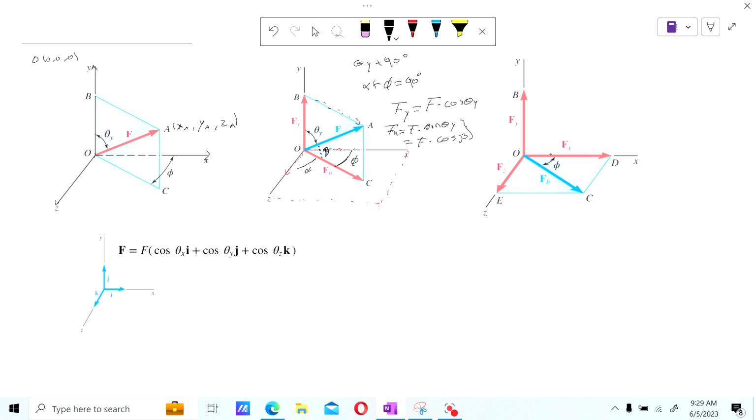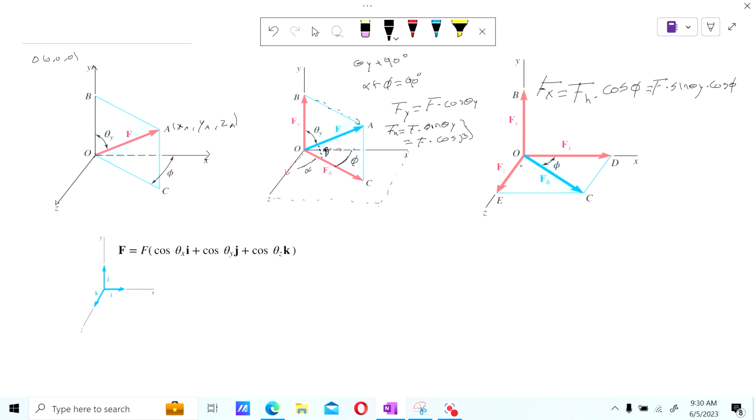Now, if they're telling us to compute Fx and Fz, it's pretty simple. Fx equals FH times cosine of phi. But FH is all this thing right here, so Fx is equal to F times sine of theta y times cosine of phi.